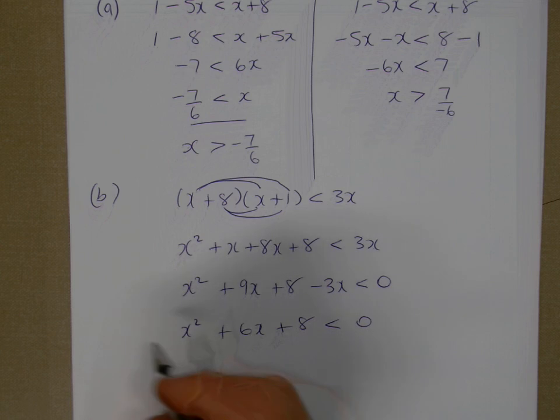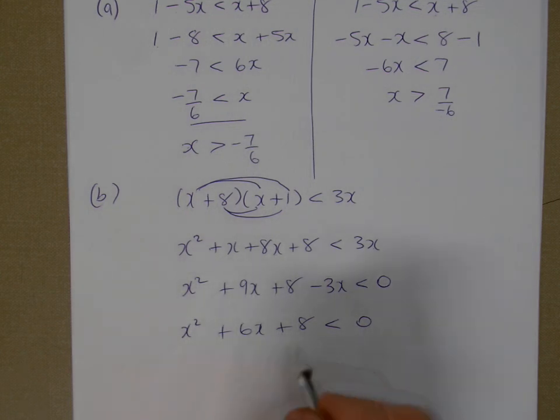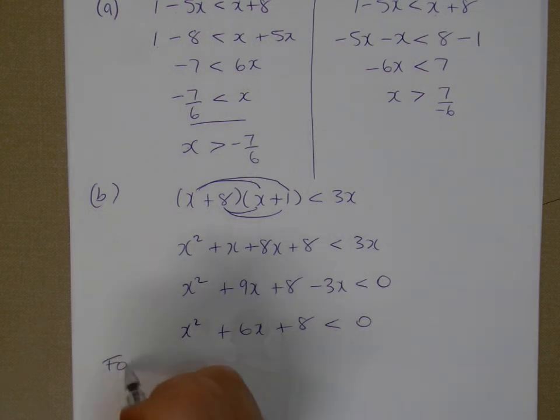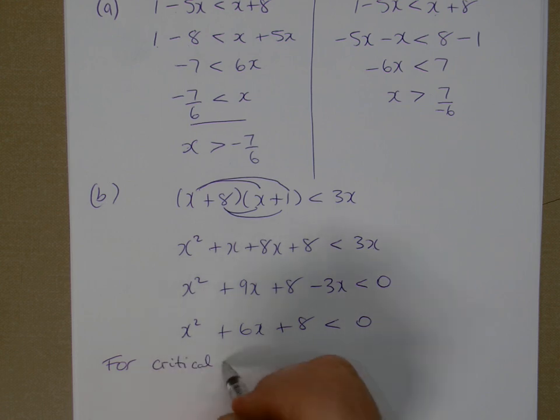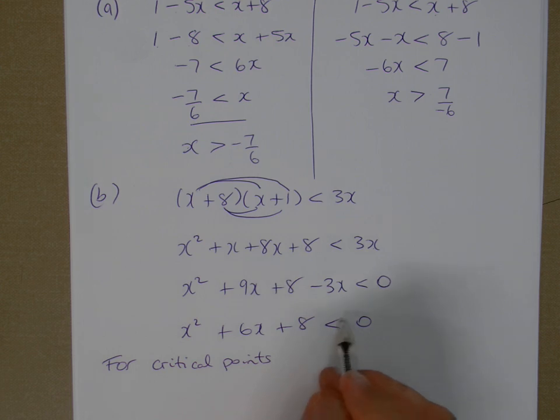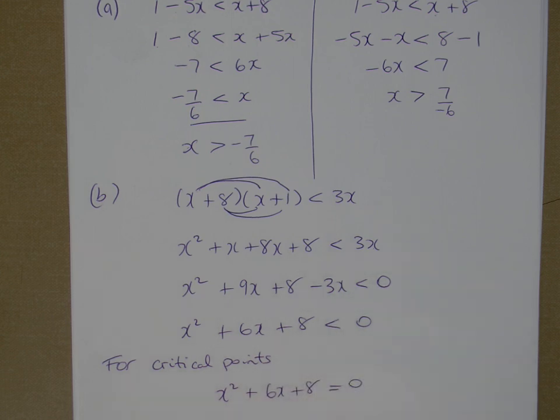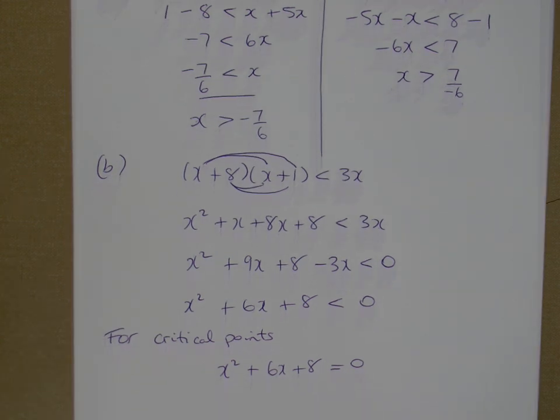Now for that, what I do is we look at the actual situation where the quadratic is equal to 0. So we say, for critical points. Now of course it's not equal to 0 here. We want the quadratic less than 0. But if I just for the moment focus on what happens when it's equal to 0, I can then solve that quadratic, and then we can go back to our inequality to use the results we got here.